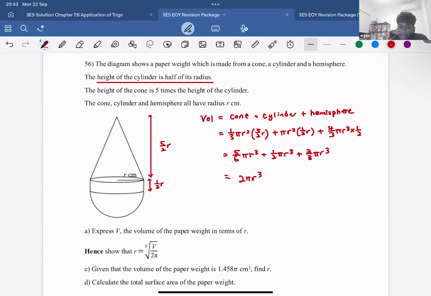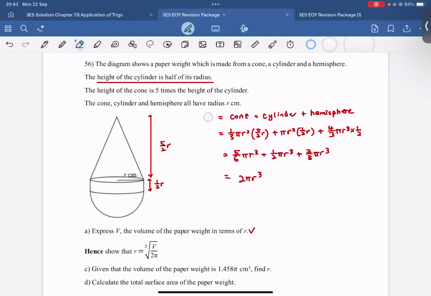Then what's the part that it shows? Hence show that R equals cube root of V over 2 pi. So first, we only answered this part: express V, the volume of the paperweight, in terms of R. This is actually our V. Now they want to show that R equals that, meaning we make R the subject.